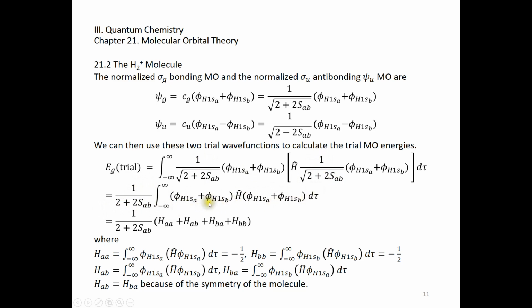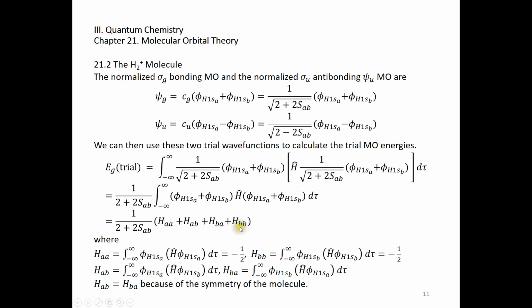We can simplify this equation by using shorthand notations. We can do 1sa times the Hamiltonian applied to 1sa, that's H_AA, and then we have this 1sa orbital times the Hamiltonian applied to 1sb, that's H_AB, and then we have H_BA, which is this times this, and also we have H_BB, which is this times the Hamiltonian applied to 1sb.